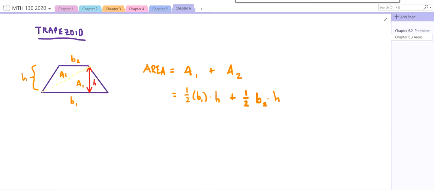So, okay, let's simplify this a little bit. We can distribute out. We can pull out the 1/2 and the h, 1/2 times h, and we're left with b1 plus b2. So that's the area of a trapezoid.